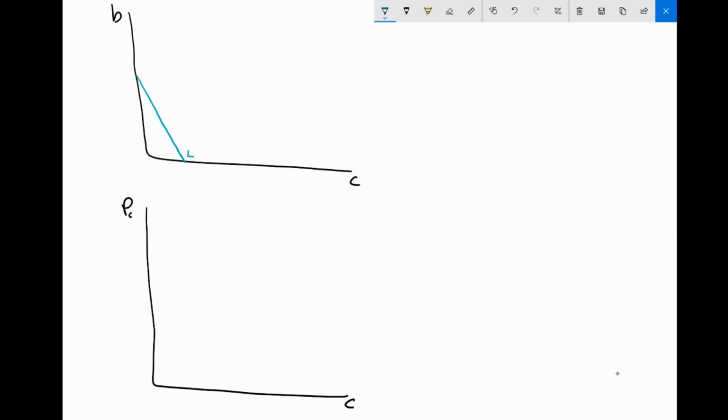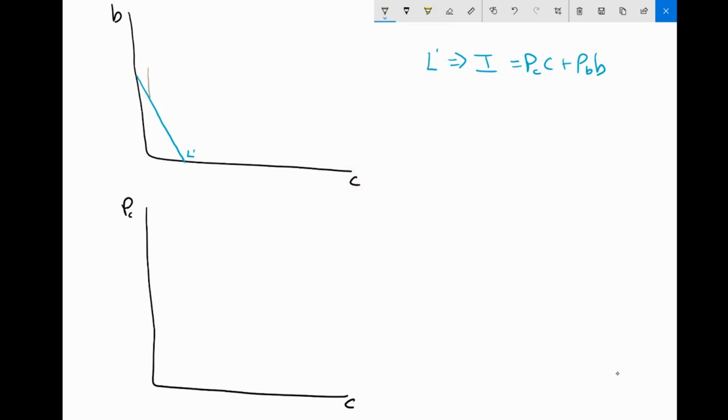Okay, so we'll call this line 1. All right, so budget line 1 corresponds to some given income level.